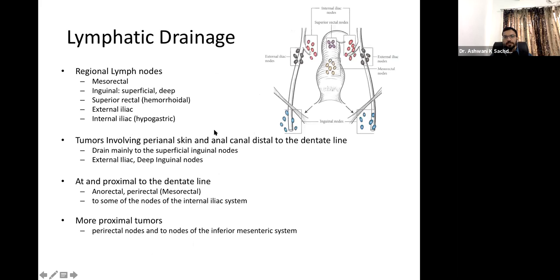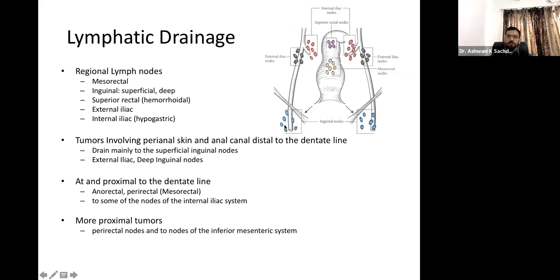Coming to the lymphatic drainage, the regional lymph nodes for the anal canal are the mesorectal lymph nodes, the superficial and deep inguinal lymph nodes, the external iliac, internal iliac, and the superior rectal lymph nodes.